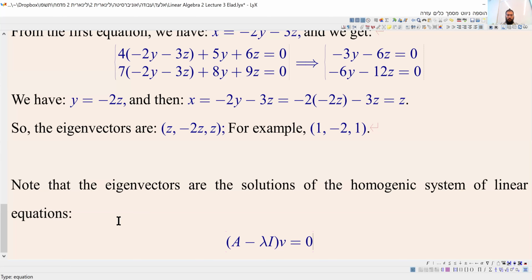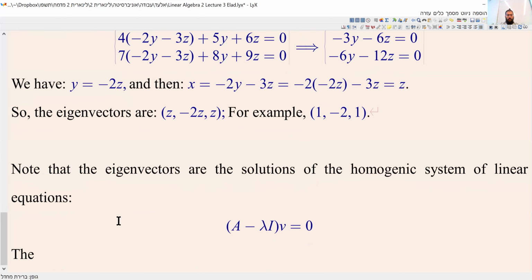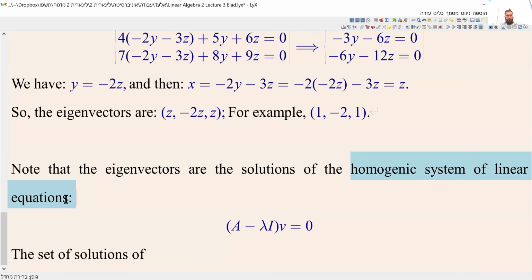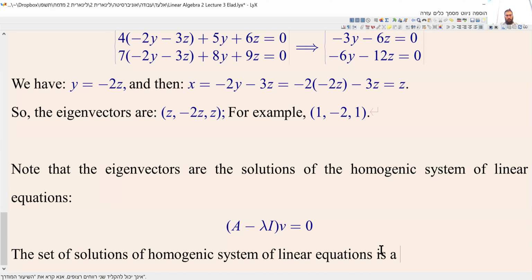We know the set of solutions of a homogeneous system of linear equations is a vector space.